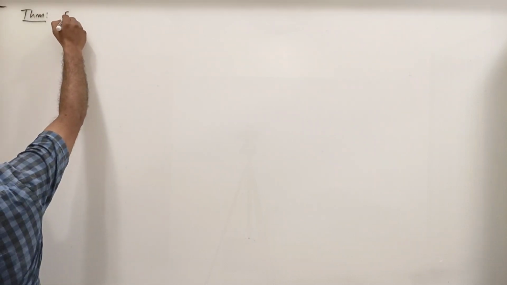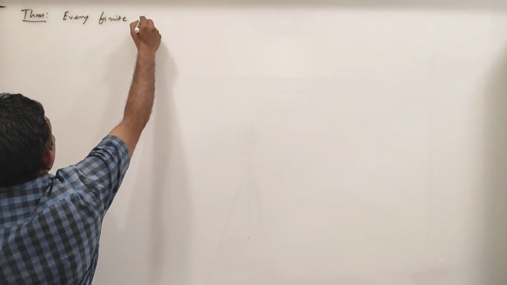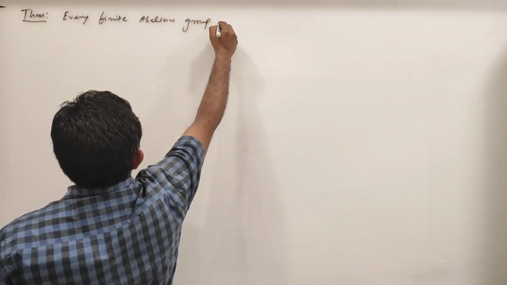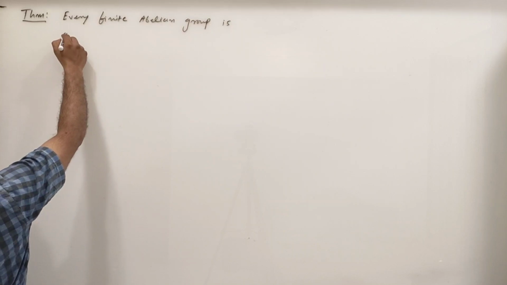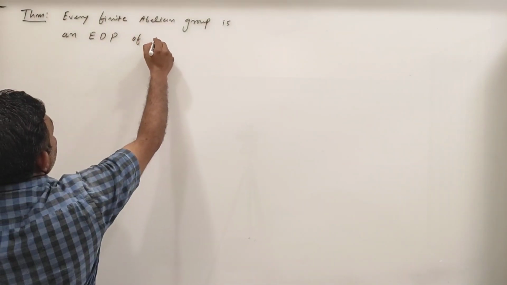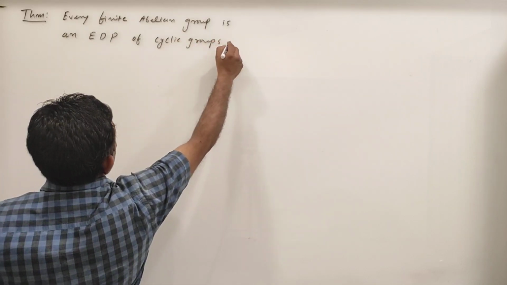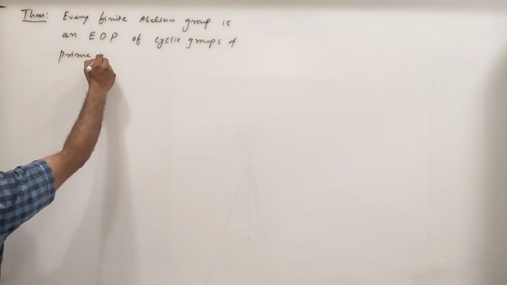So this theorem says that every finite abelian group is an EDP, external direct product, of cyclic groups of prime power order.